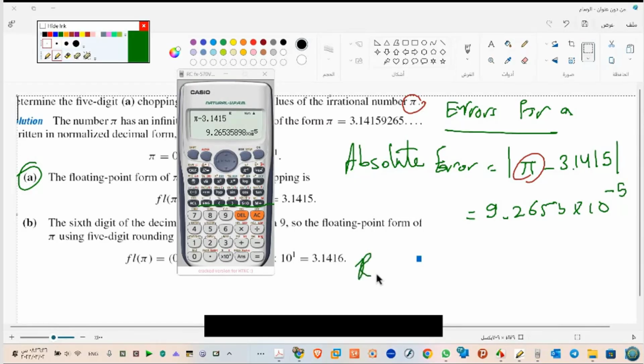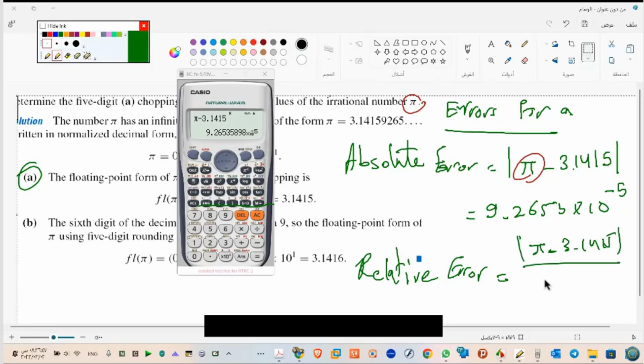Now, for relative error, it is pi minus 3.1415 over pi. If you get negative, convert to positive. Again, how can we apply it? This is the calculator fraction.